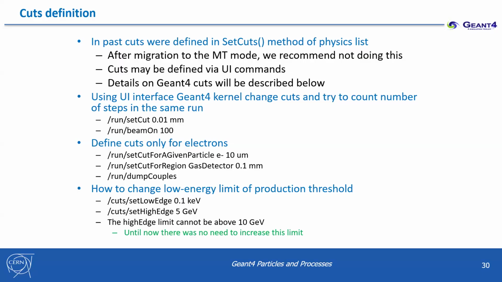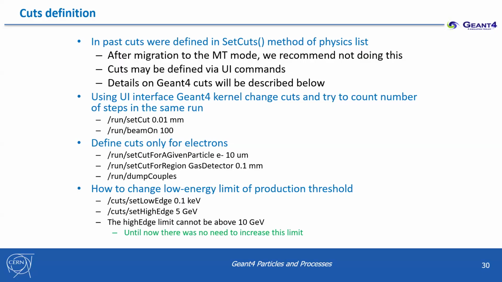For example, the simplest method to define cuts is the UI command run set cut and then the value, cut in range 0.01 millimeter. But it is possible to make a more detailed definition of cuts. For example, run set cut for a given particle type electron, 10 microns.